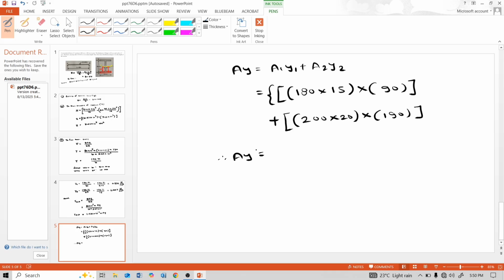Therefore this AY is 180 multiplied by 15 multiplied by 90 plus 200 multiplied by 20 multiplied by 190, which is 1.003 into 10 raised to 6.